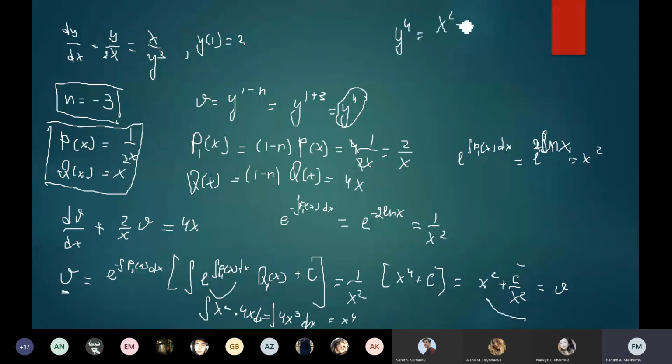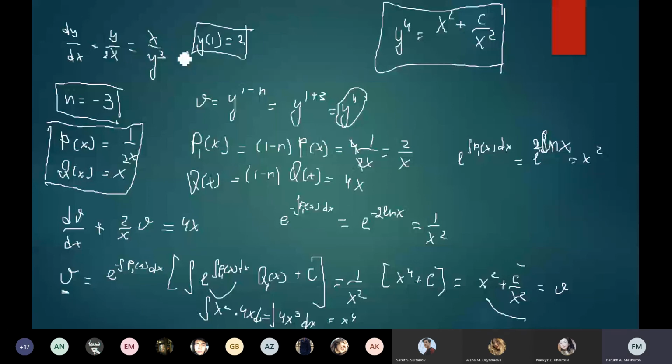X squared plus c over x squared. So now we found our y to the power 4. Is it clear for you? Any questions? Is it correct? Maybe I made some mistake, guys. No, everything is correct? Perfect.